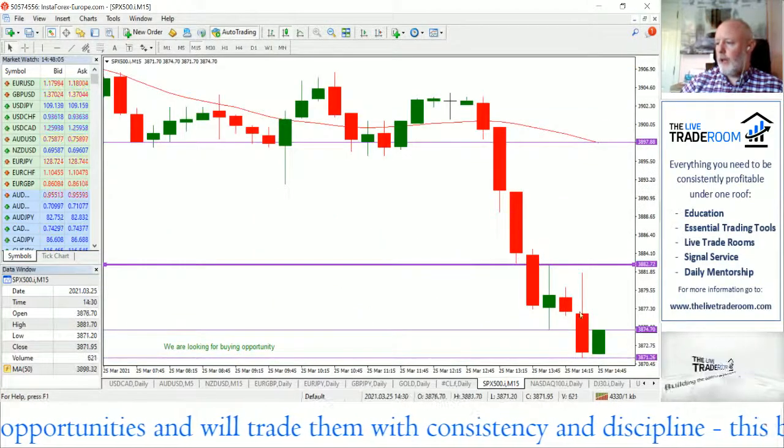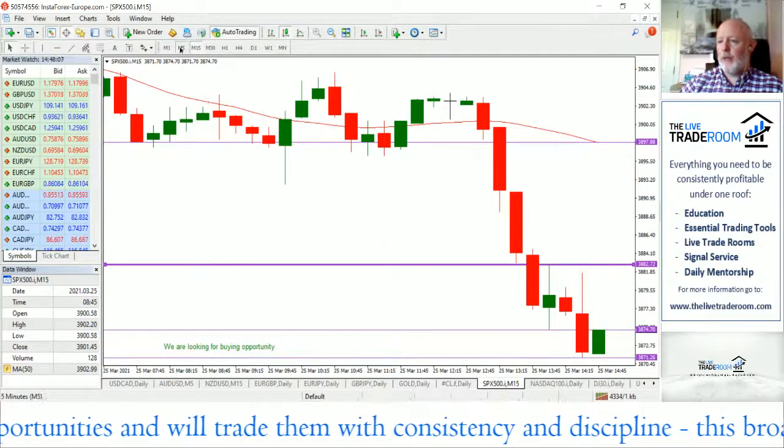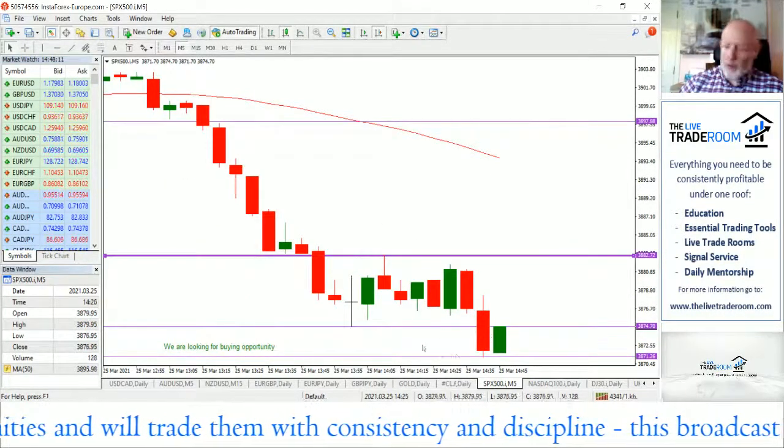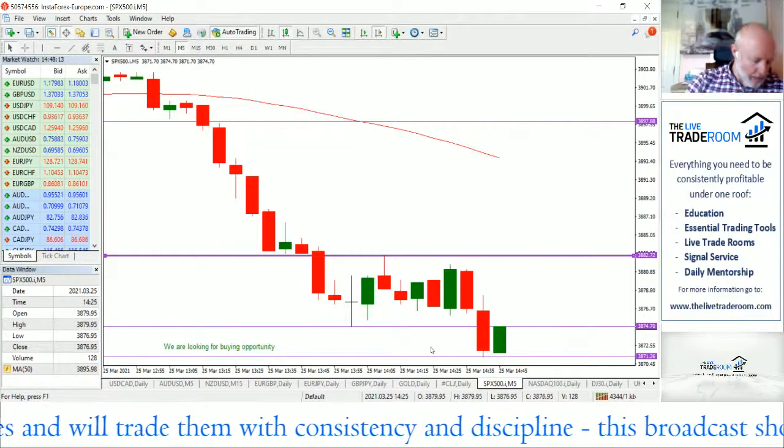So we've got the accelerated move, and now we're just getting quite a strong pullback on this. So what it means is we can be a little bit patient.